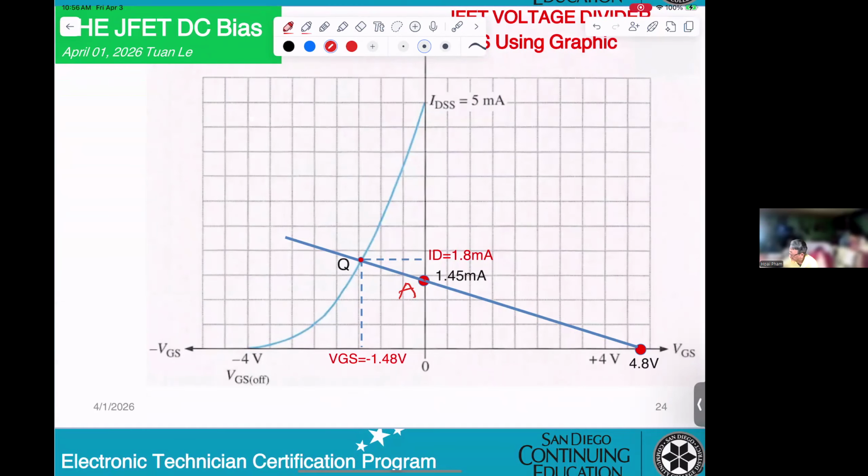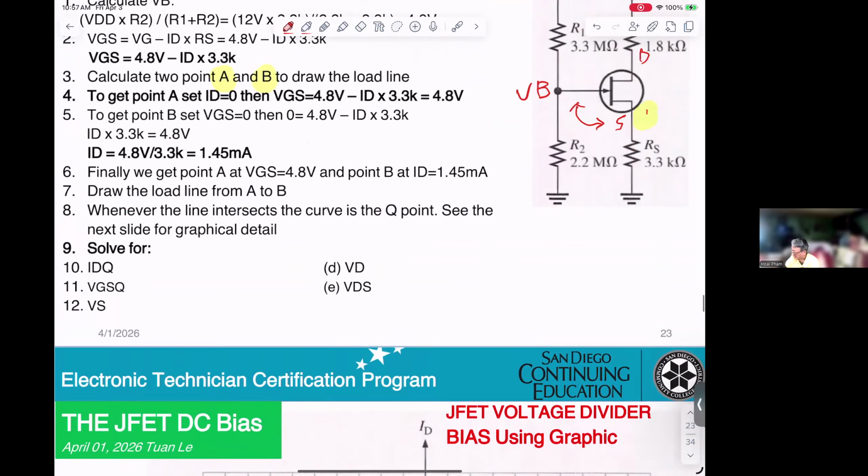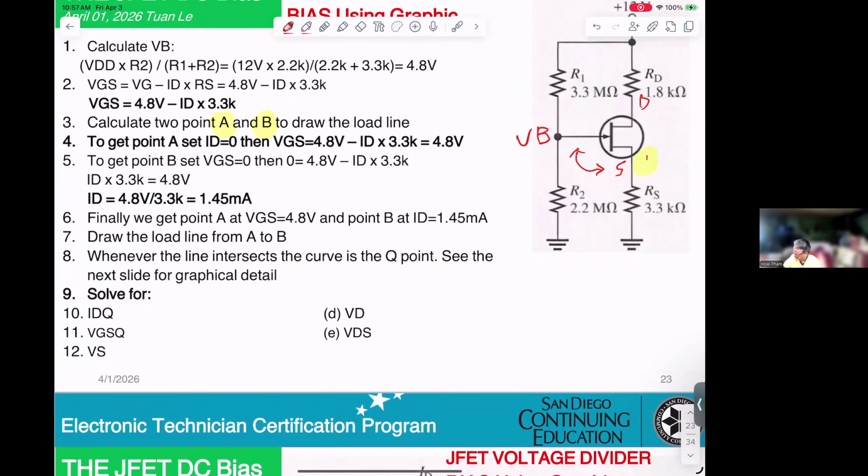That I think will be point B. Point A is right here. At this point, ID equals 0. Then VGS equals 4.8.